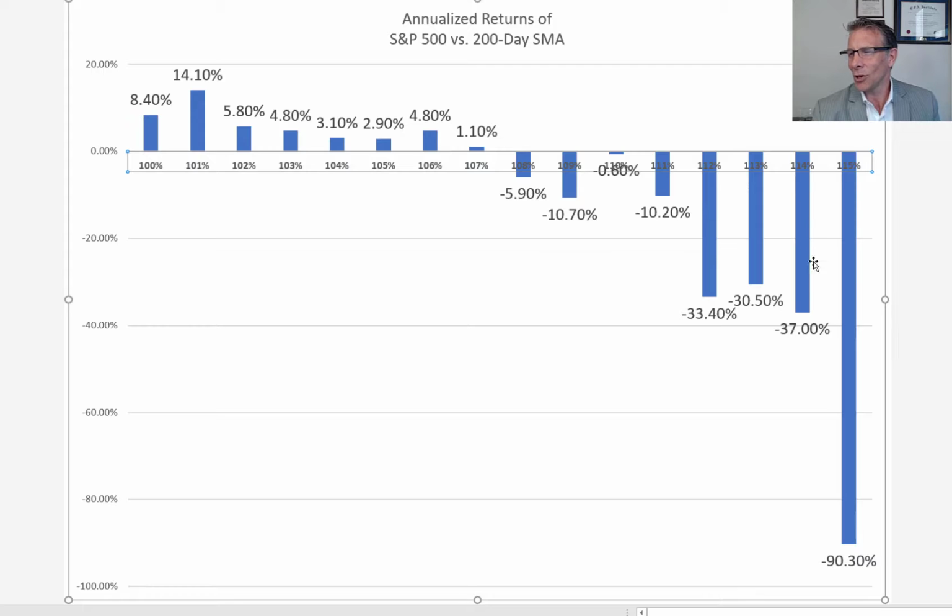We're at 14.2 right now. We've only had one day that was above 15%, and that had a negative 90% return. So what you might want to do is buy a put on the S&P 500 to give you some short-term protection in case it falls back. So we're looking at being in this area right here.